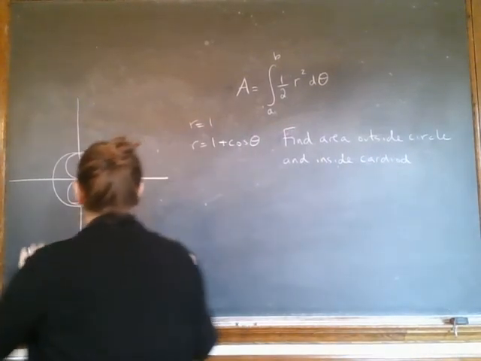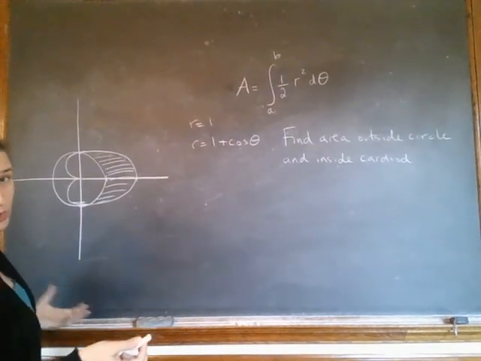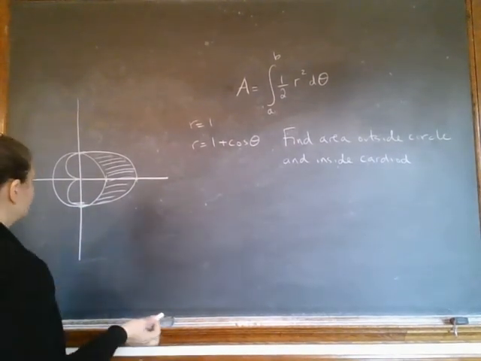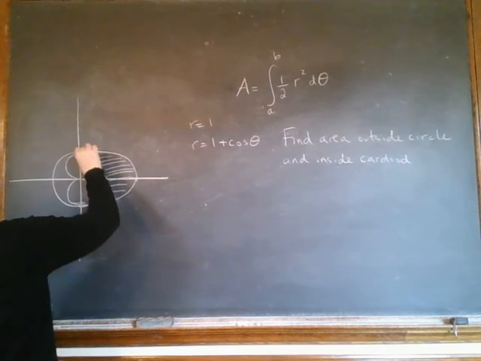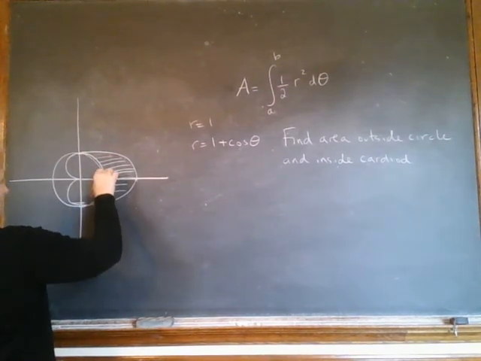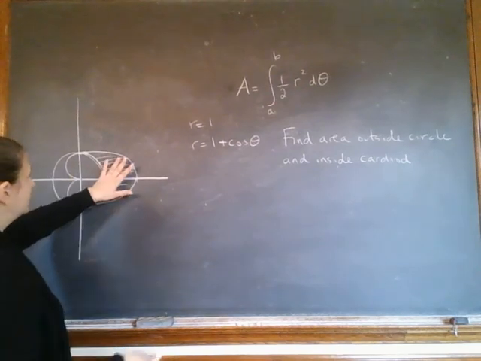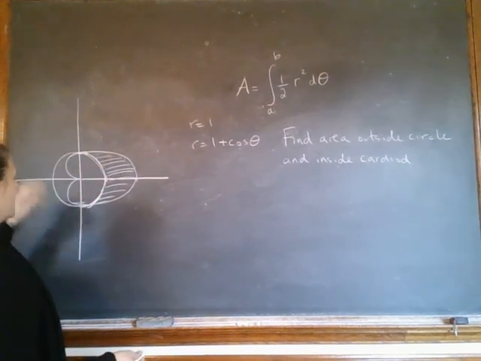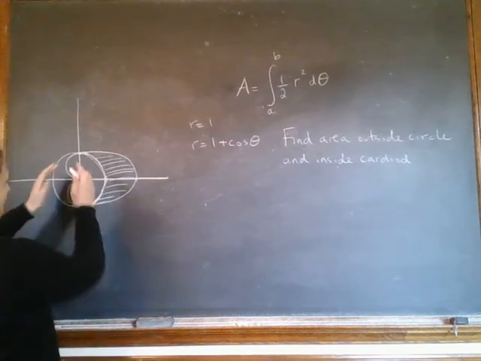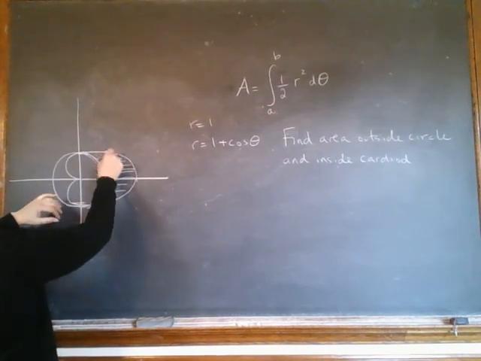Okay? As you can see, it's kind of hard to see because I don't have colored chalk. Well, even the colored chalk I have doesn't appear well on this blackboard. But this was the circle here. So the circle intersects, and we have a piece on the outside and some other stuff on the inside. So if I'm looking for the area outside the circle, inside the cardioid, I want this bit.